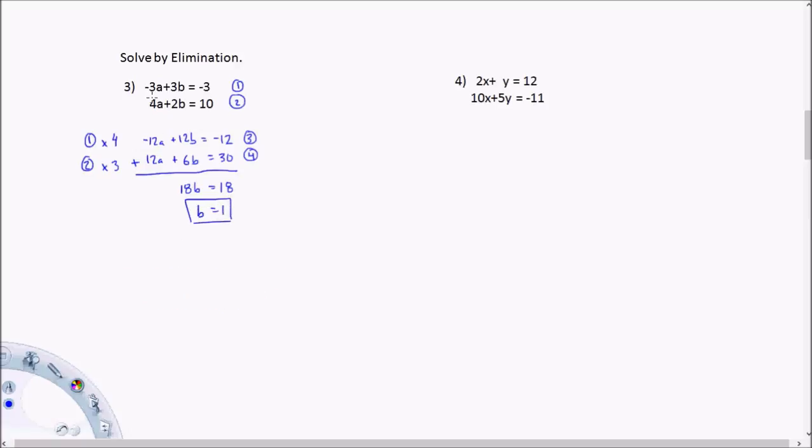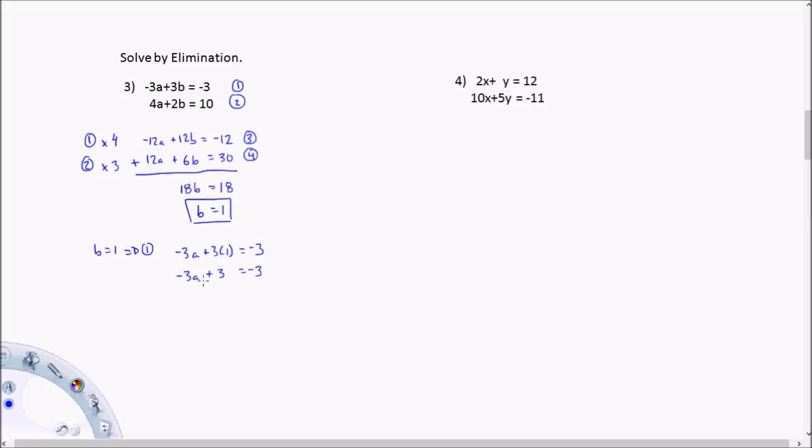We then can sub this back into any of our 4 equations to solve for a. So let's sub b equals 1 into equation 1. So we have negative 3a plus 3 times b equals negative 3. So we have negative 3a plus 3 equals negative 3.